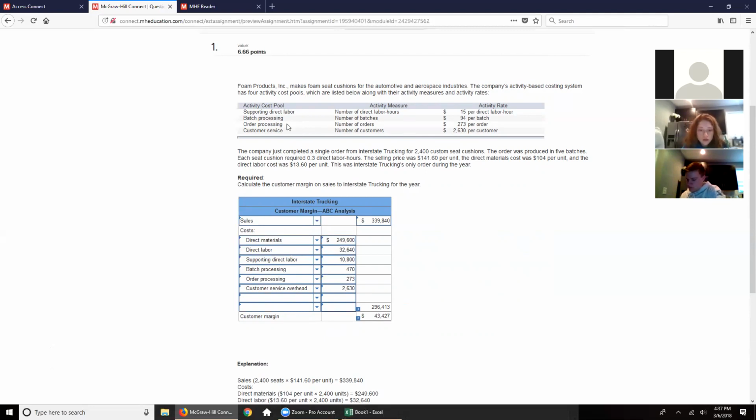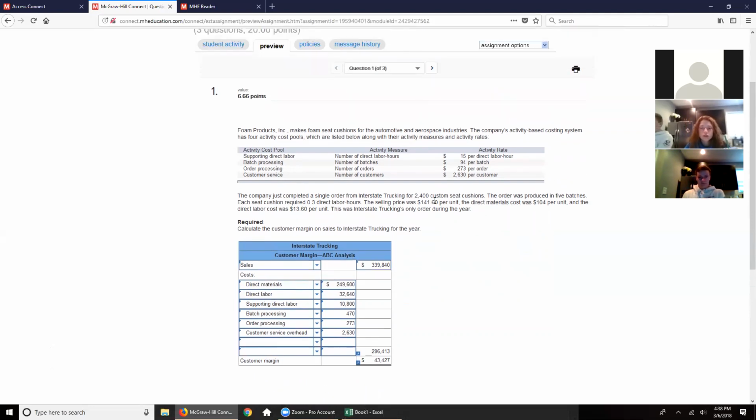We took our notion of an ABC system and said we now have 4 activity cost pools: supporting direct labor, batch order, and customer service. They gave us those activity rates, and we applied them to this particular customer. That was the extent there.